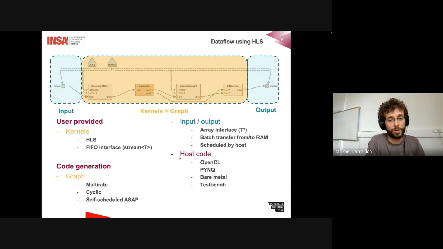This host code is going to enable the user to control the FPGA from a processor. If the FPGA is an accelerator board inside large computers, it could be running on your x86, for example, or in the experiments that we ran, we had an FPGA which included an ARM core, and we were running the source code directly inside the ARM core and controlling the FPGA this way.